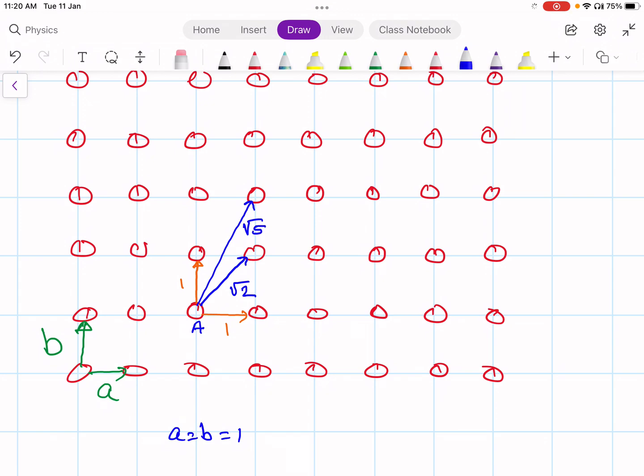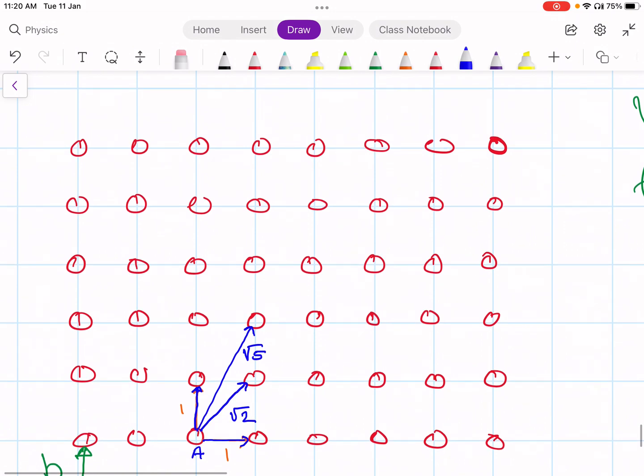So I can say that this is the surrounding of atom A in one quadrant. I don't have to show all four quadrants. I am showing only in one quadrant the surroundings of atom A. Then I will consider another point, let's say point B. Similarly here, when I move towards east, I find another lattice point at distance 1.